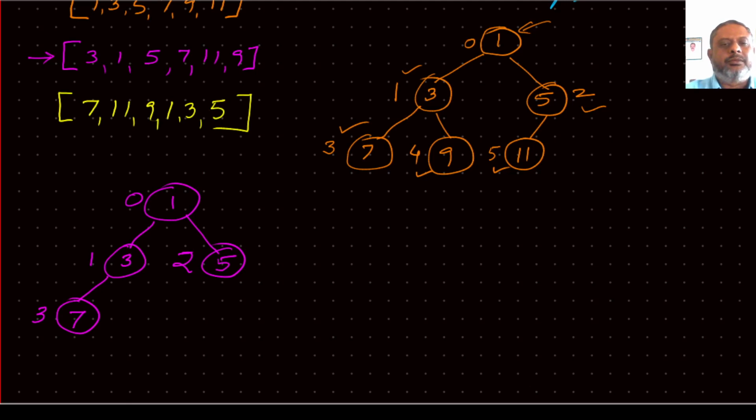And when it comes to next value, it has to be written here at location 4 and the value is 11. Any conflict? No. 3 is the parent, 11 is the child. Definitely there should not be any problem in the heap property constraint.